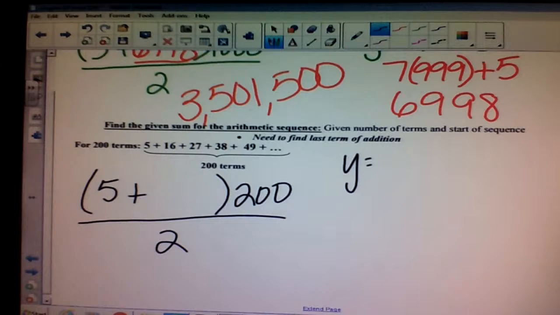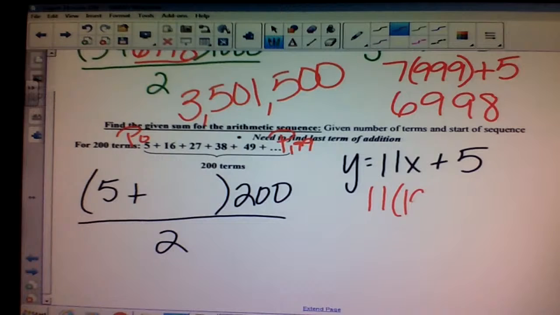My slope is 11. My first number is 5. What do I plug in for x? It's going to be 199, because 5 is p sub 0, and if I have 200 terms, it goes to p sub 199. So 11 times 199 plus 5.